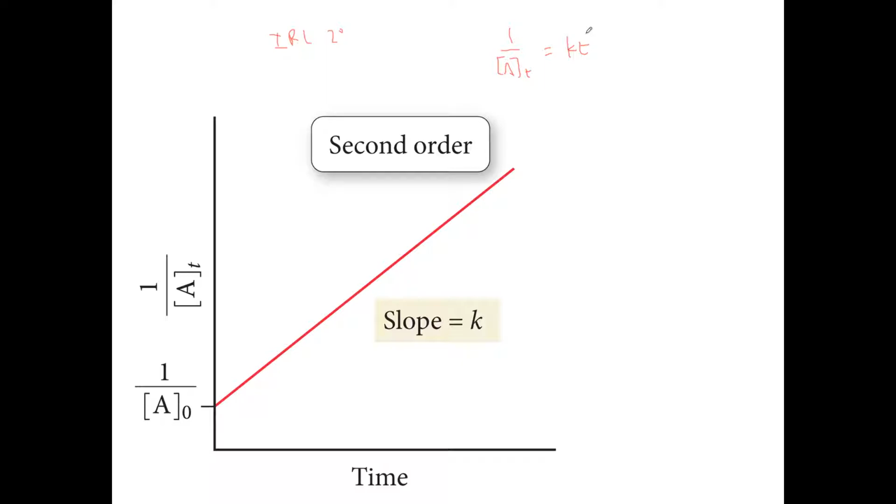I'm just looking at my notes. I don't want to get this wrong again, okay? Positive kt plus 1 over A 0, right? Which is the initial concentration of A.